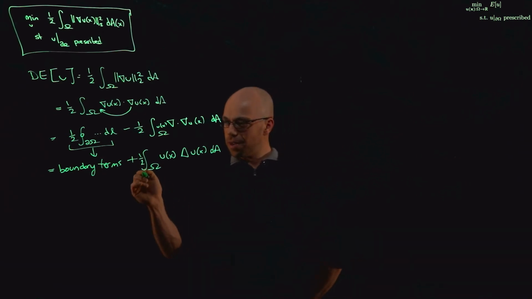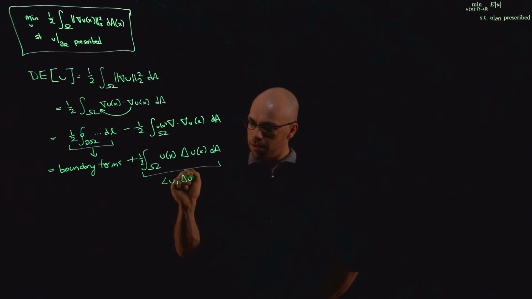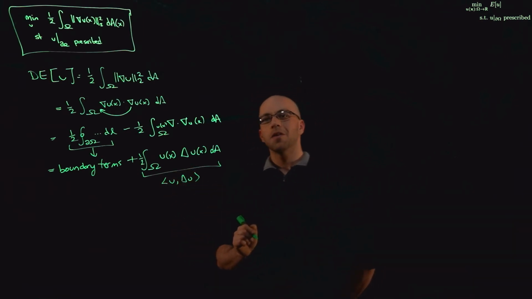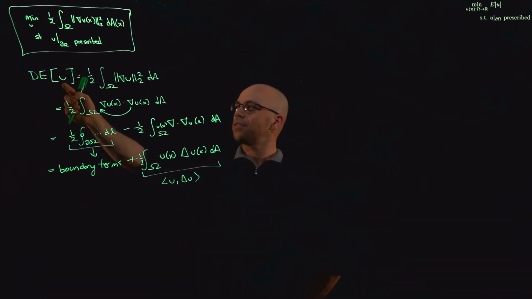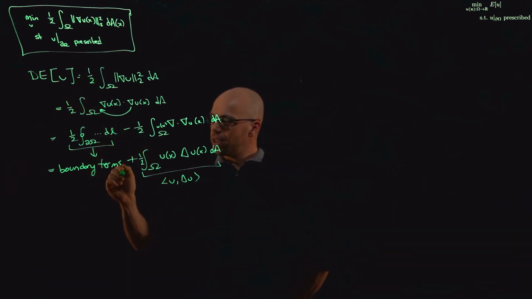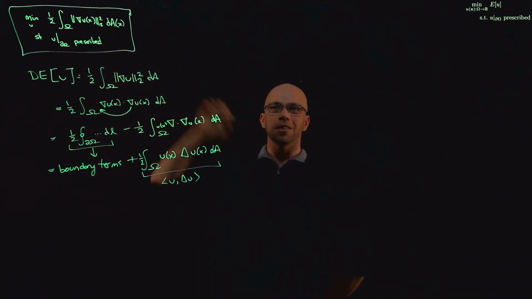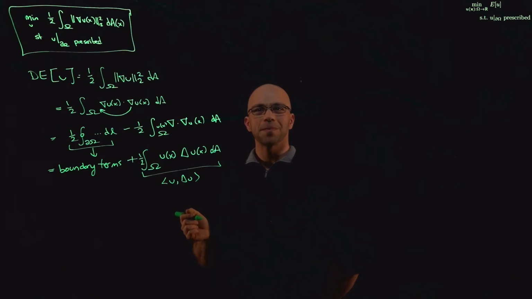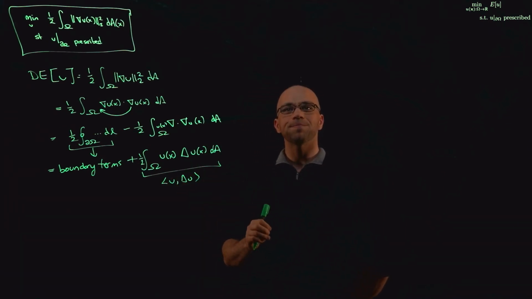Or, a fancy way to write this is that this is the inner product of u and Laplacian u. Okay. So what is this telling us? It's telling us that the Dirichlet energy of our function u, if we ignore terms that are on the boundary, which is sort of okay here because the values on the boundary are prescribed right now, then this is really equal to the inner product of u and its Laplacian.